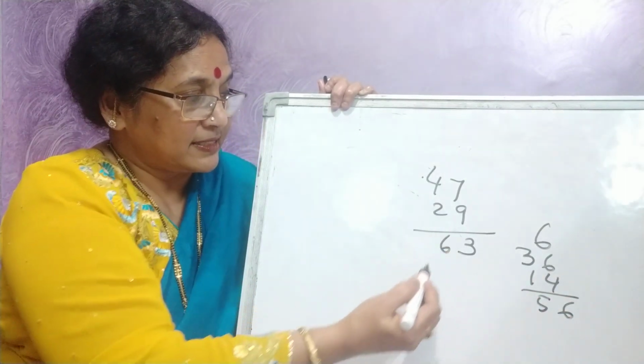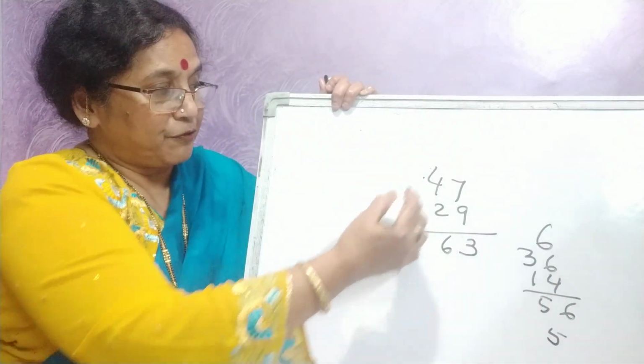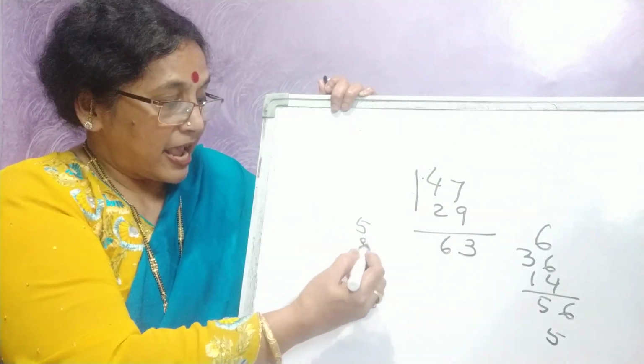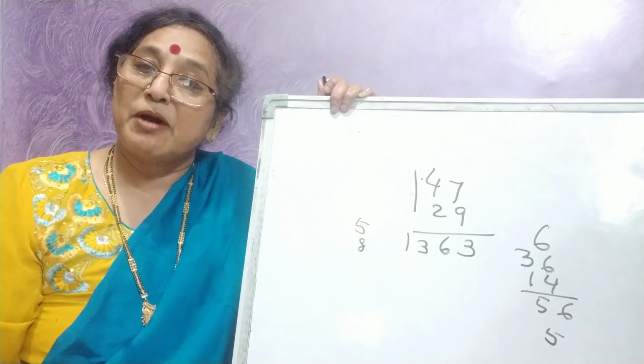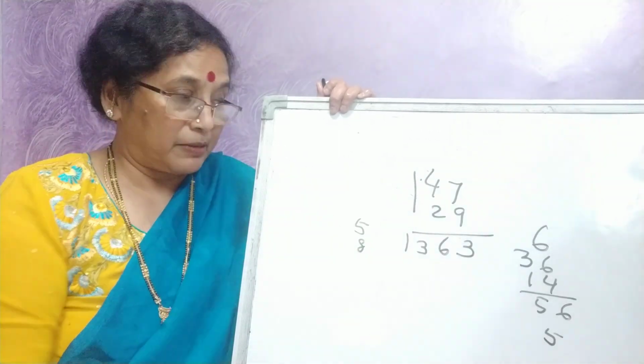We write the 6, carry 5, and 4 2s are vertical multiplication again. So 8 and 8 plus 5 is 13, same answer. So this is with regards to prime numbers.